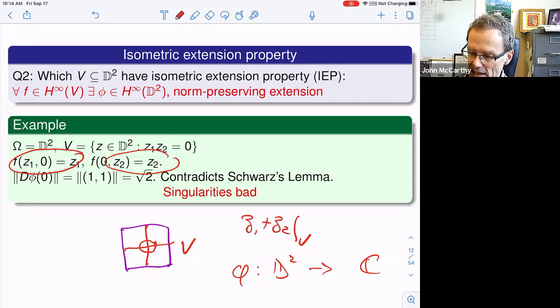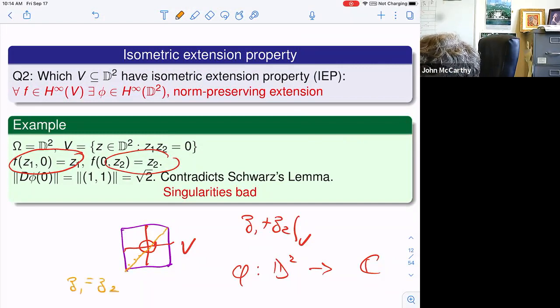So the singularity in V enabled us to define a function that had norm 1 on V, but because we were able to control its derivatives in two different directions, that means that if I did try to extend it, think of the disk Z1 equals Z2, which lives inside the bidisk.